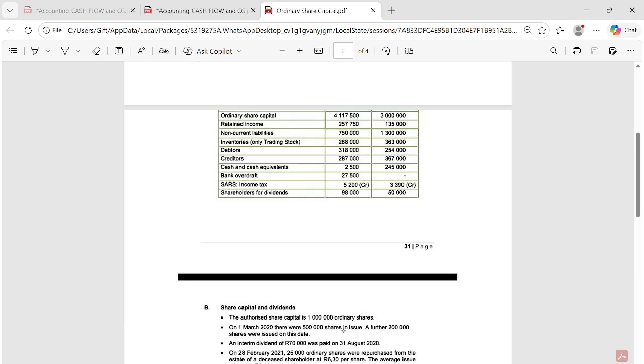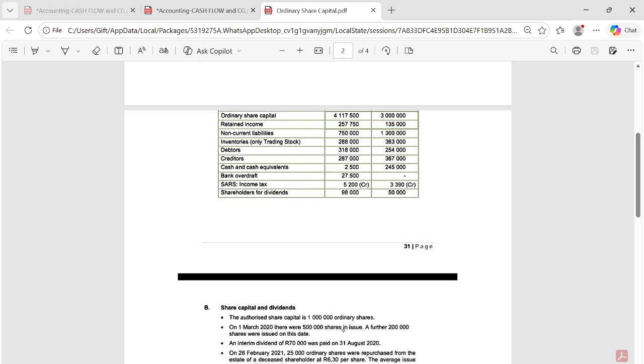So at the beginning we issued 500,000 shares, and again we issued 200,000 during the year. Additional shares, right?